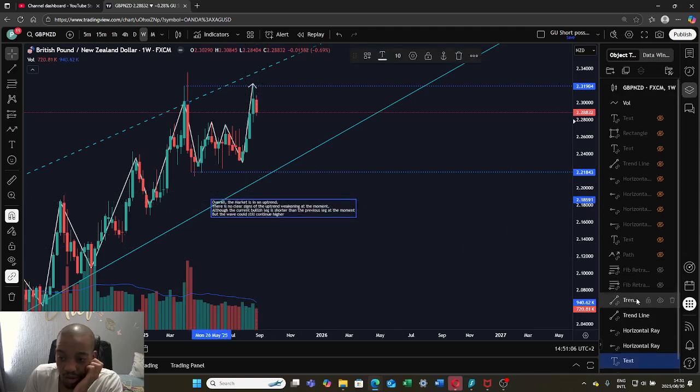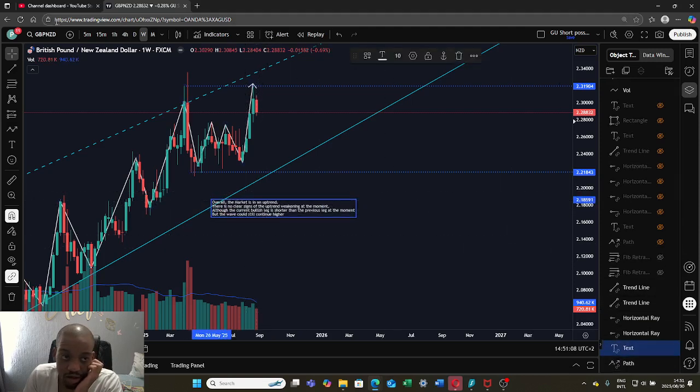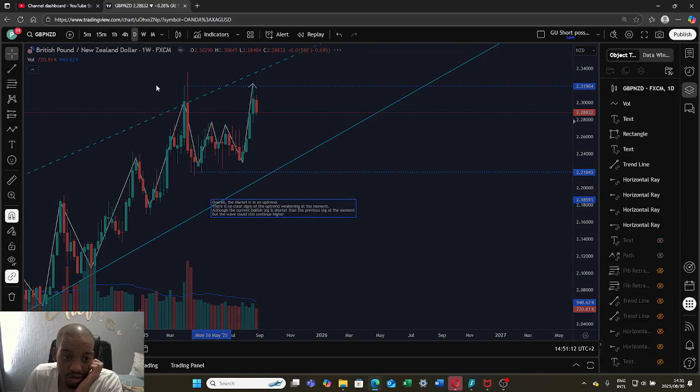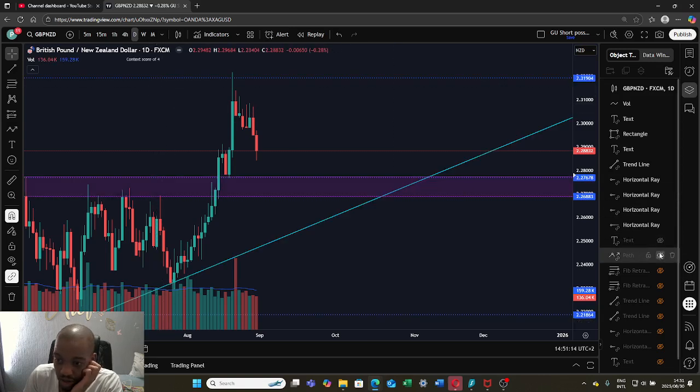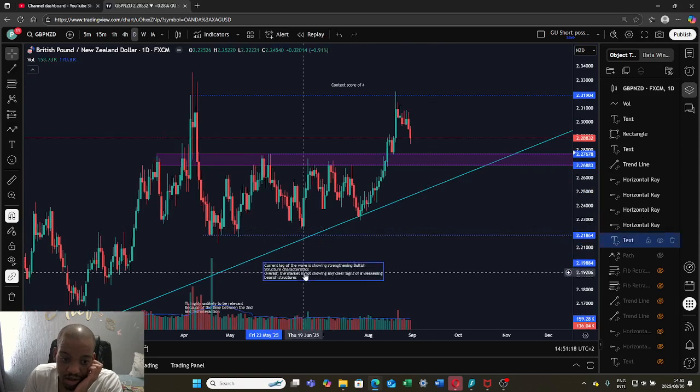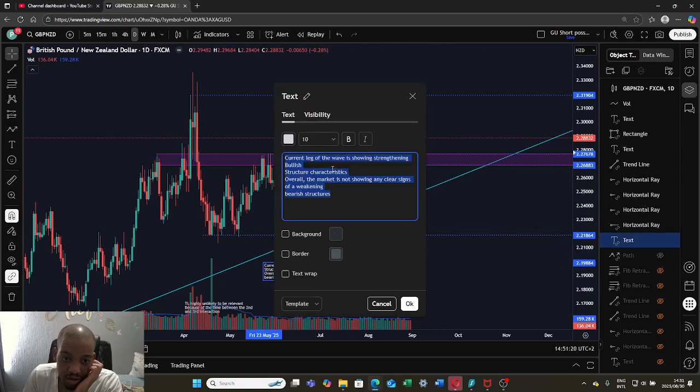Okay. Where's that text that I wanted to fix? I think it was on the daily chart. If I click text, current leg. Oh well. It's not really in terms of weakening bullish structures.